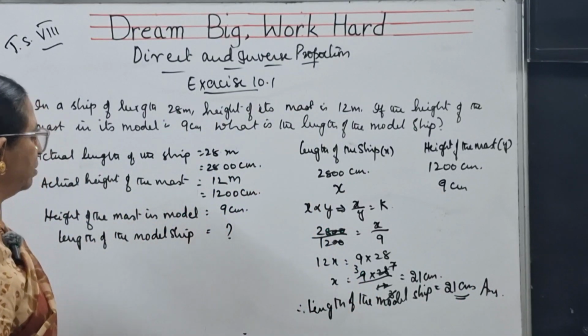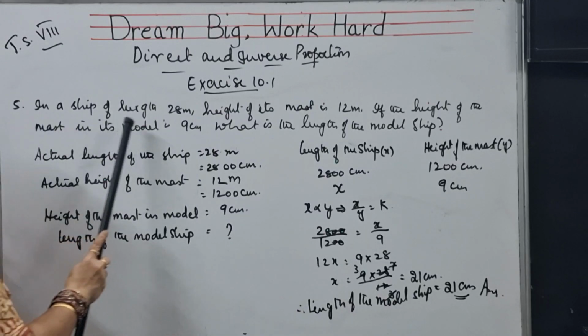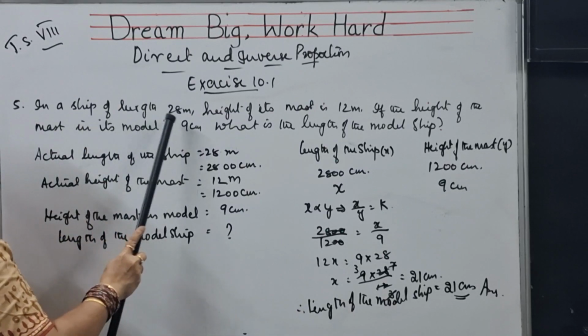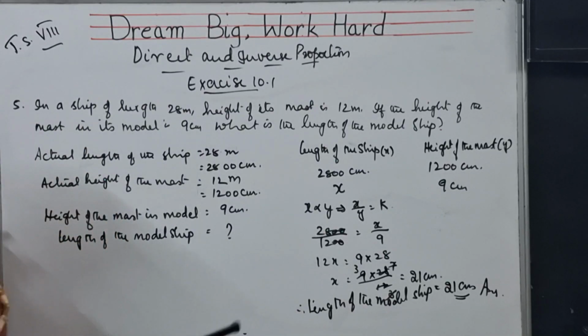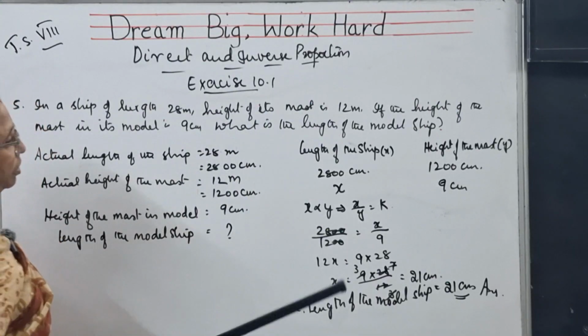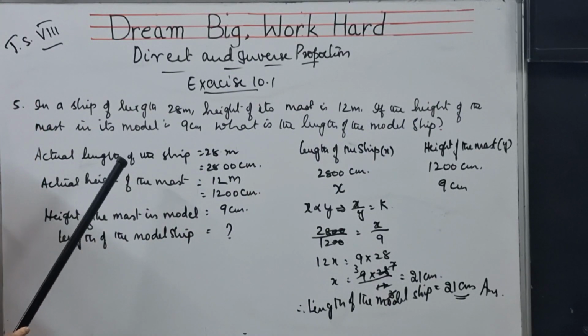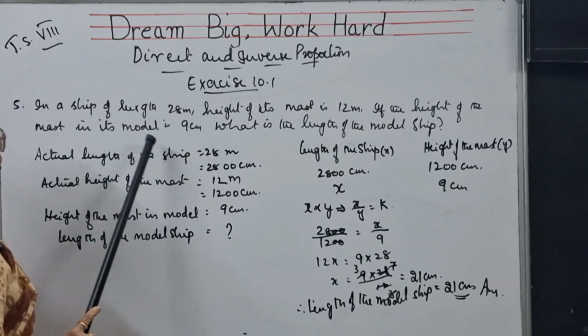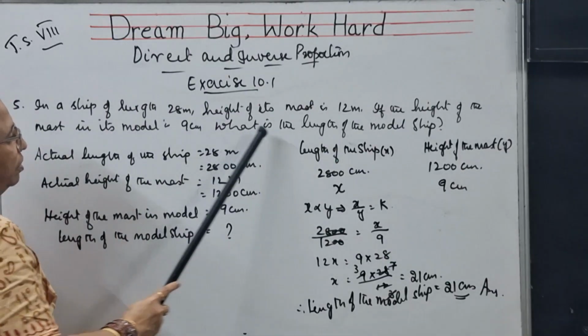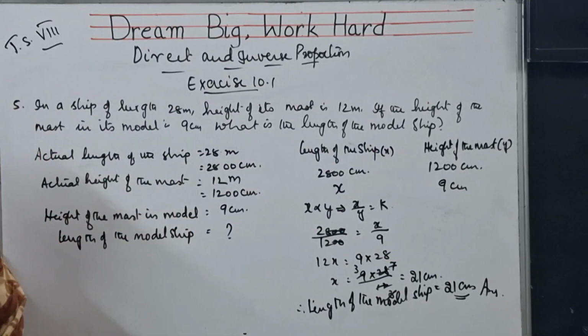So let us see once again. In a ship of length 28 meters, height of its mast is 12 meters. If the height of the mast in its model, first they have made a model, so in that model its height is 9 centimeters. What is the length of the model ship?